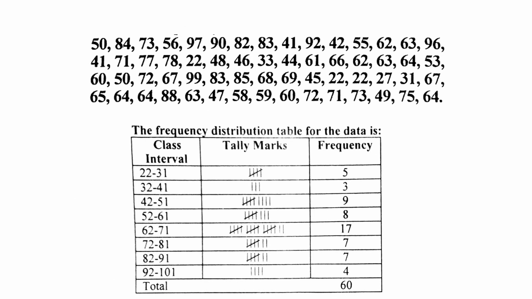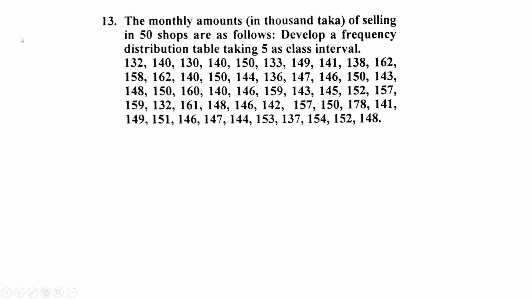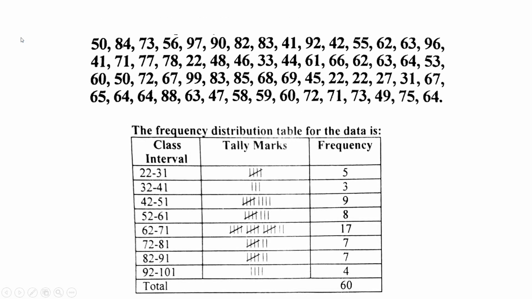See the frequency distribution table. Class intervals 22 to 31, 32 to 41, and lastly 92 to 101. First, take the number 50.